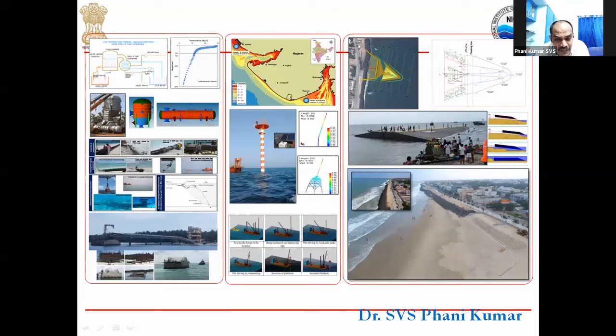So a total of around 50 to 55 meter long column is towed from Mumbai to Pipavav port, and it is installed there using a jack-up platform.